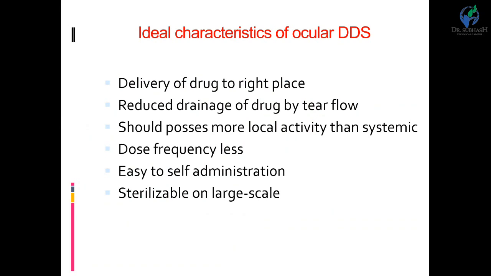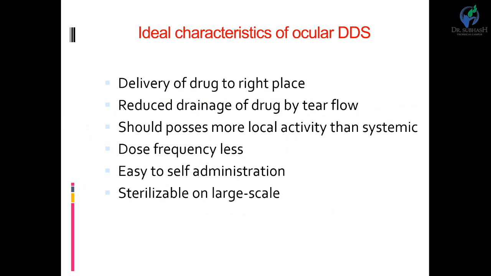Next is the ideal characteristics of the ocular drug delivery system. But before that, let us see the disadvantages part, the physiological restrictions. There is limited permeability from the cornea, so sometimes we face a low absorption profile for some drugs. If administered conventionally, a major portion of the drug drains out into the lacrimal ducts, which sometimes causes unwanted side effects.